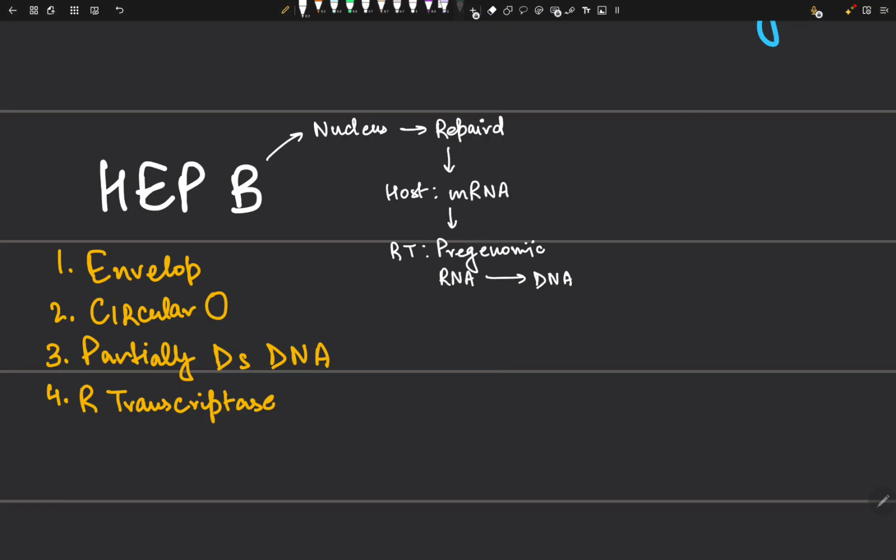If we have the E antigen, it means transcription is still going on and the virus is highly infective. And if we have the surface antigen, it means we have an active infection going on.